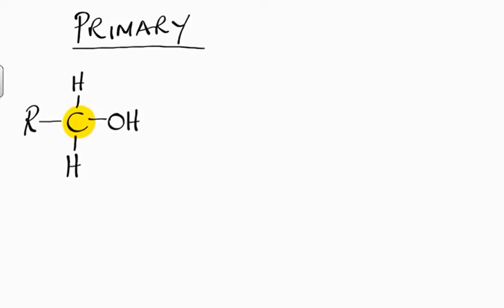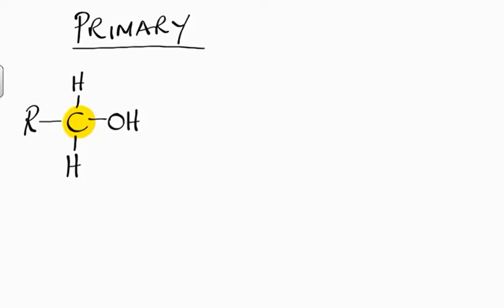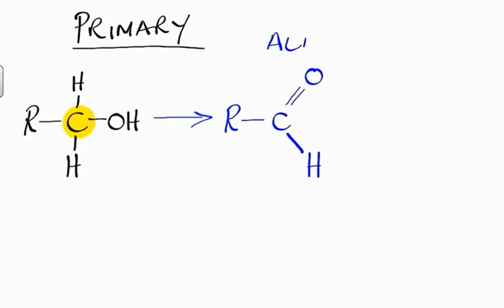So if we're oxidizing a primary alcohol, in the first instance, this is what we get. So we concentrate the amount of oxygen on the carbon, and this is an aldehyde. So carbon double bond oxygen with a hydrogen is an aldehyde.